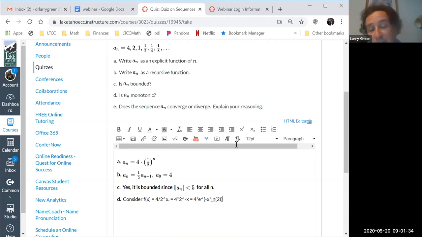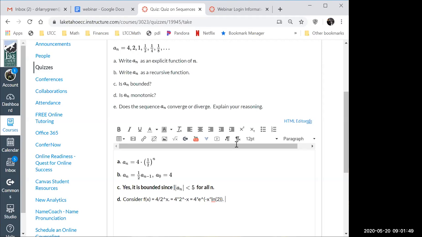Figure I might as well do some calculus. I didn't expect you to have to do it, but let's do it formally. Well, how do you show a function is decreasing? Derivative. Yep, take the derivative.